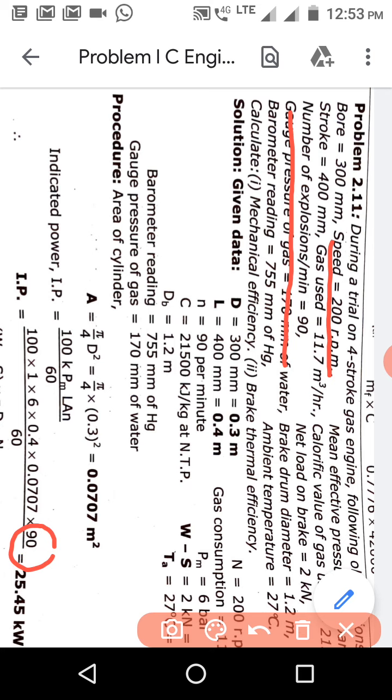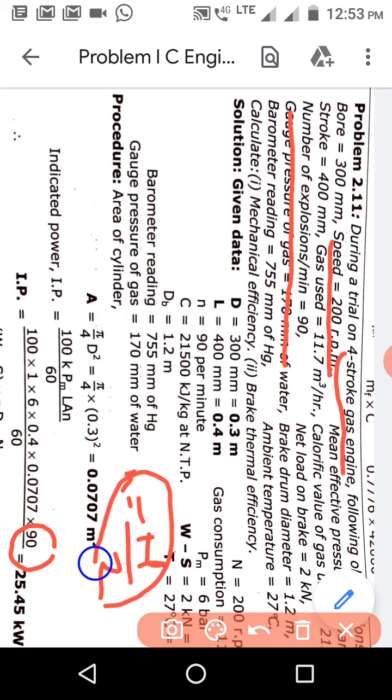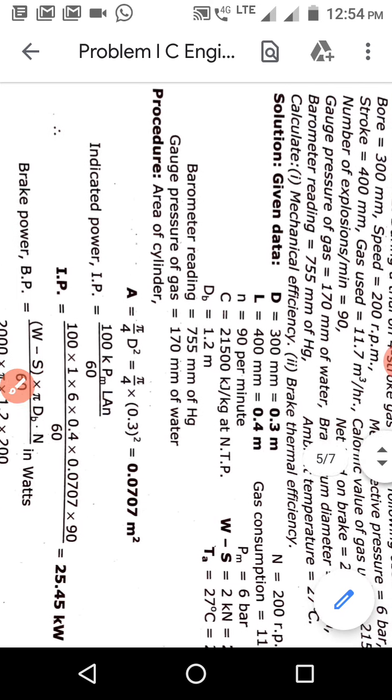We have not used N equal to N by 2, although this is a 4-stroke gas engine, because whatever direct value is given, we use it in solving the indicated power.